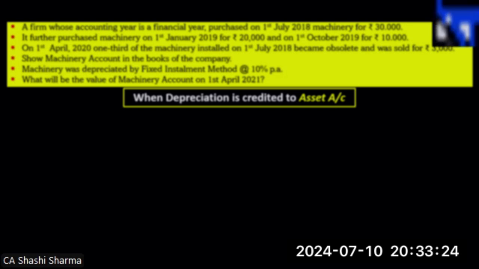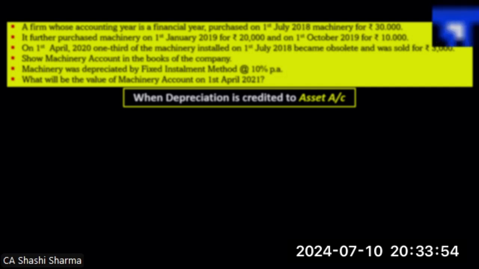So here 3 years are involved in this question: 18 to 19, 19 to 20, and then 20 to 21. And there is 99% possibility that if any question is asked in your exam relating to depreciation, then it will require us to prepare the ledger account.